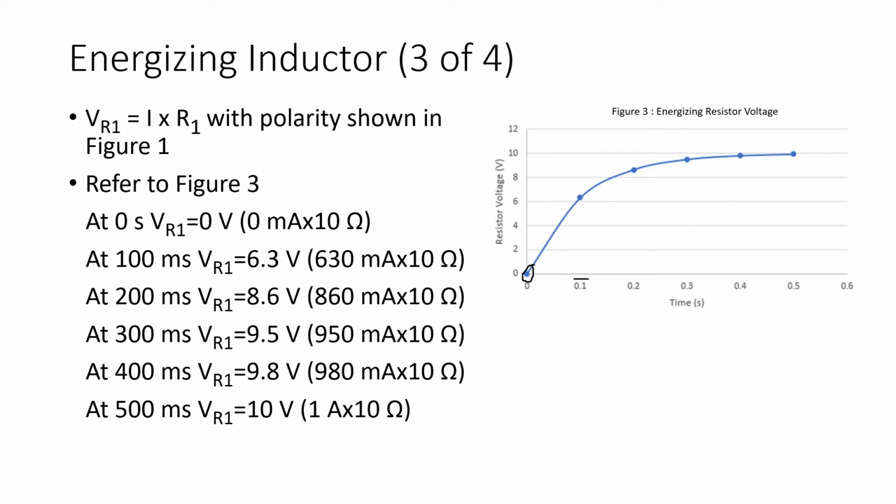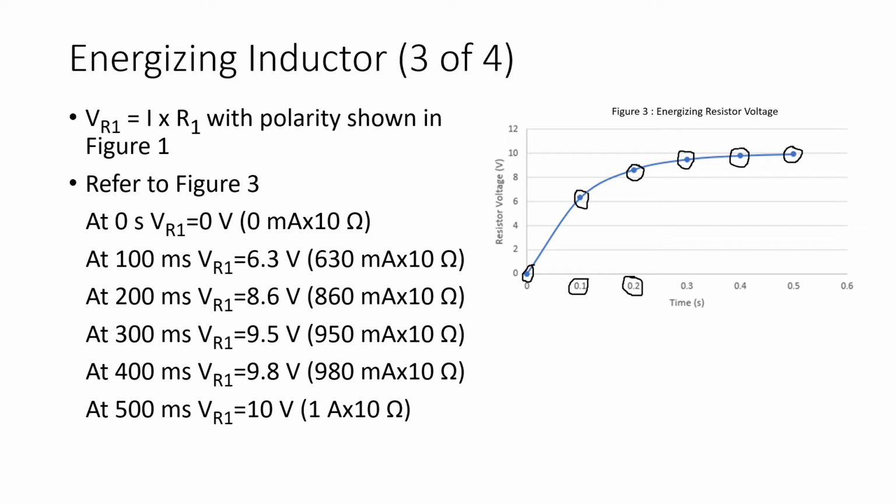At 100 milliseconds, the voltage across the resistor has increased to 6.3 volts. At 200 milliseconds, 8.6 volts. At 300 milliseconds, 9.5 volts. At 400 milliseconds, 9.8 volts. And at 500 milliseconds, 5 time constants, we assume the voltage across the resistor has reached 10 volts.